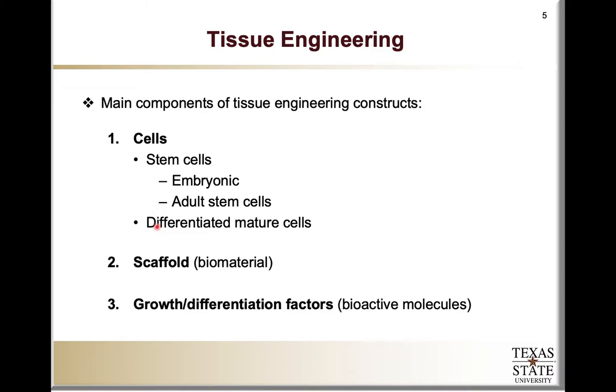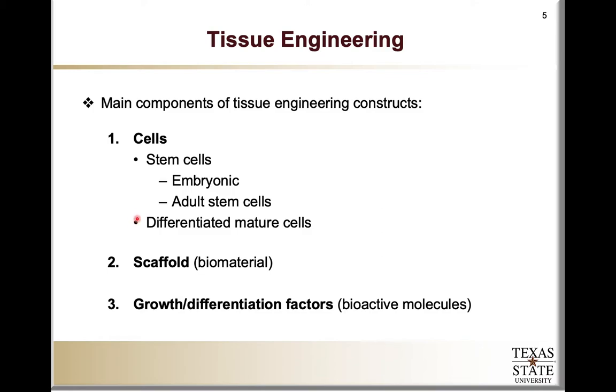Now, in terms of the differentiated adult cells, as expected, they're not going to have the ability to differentiate into any other cell type. Whatever they have already committed to be, that's what they're going to be. However, we can utilize things like chondrocytes, for example, for cartilage repair.